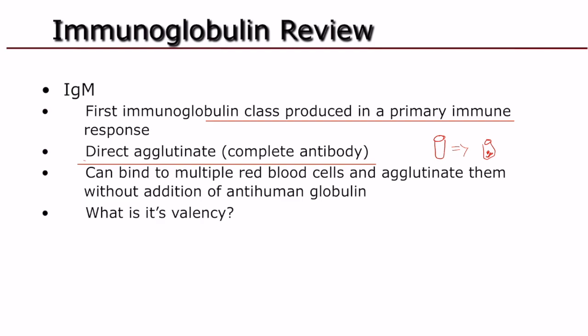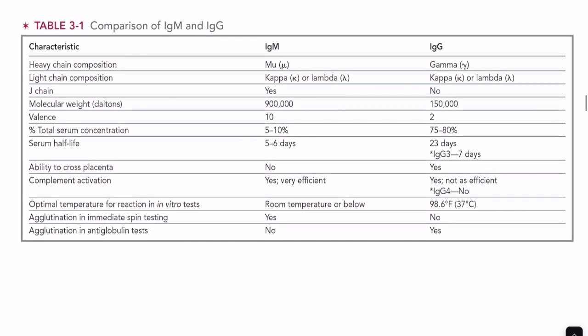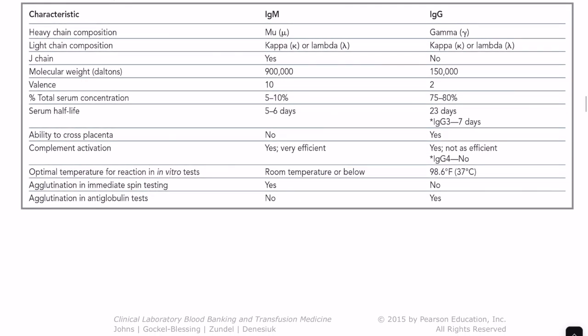It can bind multiple red blood cells, and that's what makes it so good at this, because remember, it's got 10 binding sites, so it can make that lattice. That's our valency, and it is 10. Good things to remember.